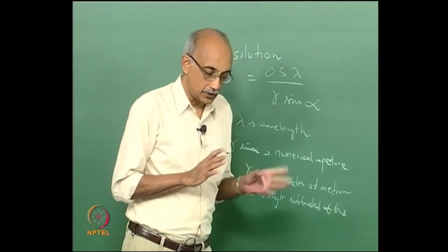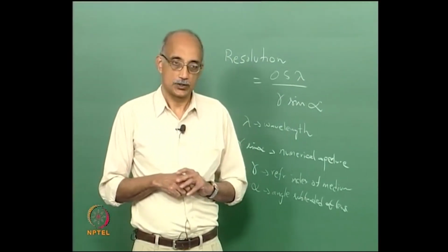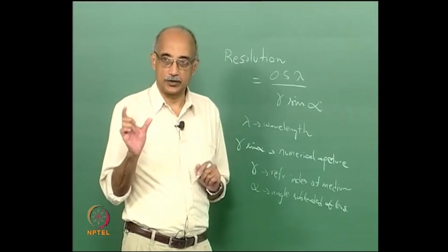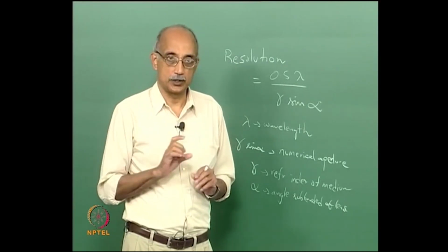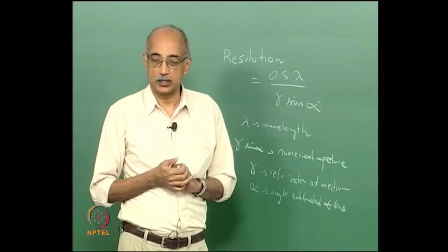So, the parameter that you do have some control over is the wavelength. So, now you are talking about the visible range. When you talk about optical microscopy, you are only concerned about the Vibgyor range, so to speak.